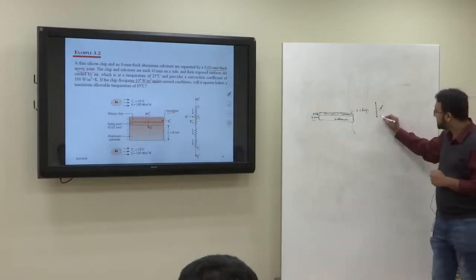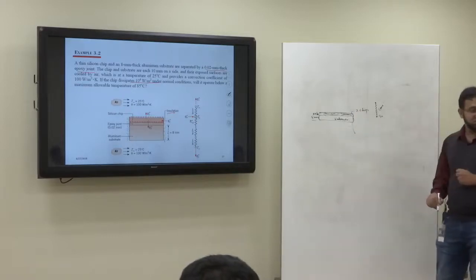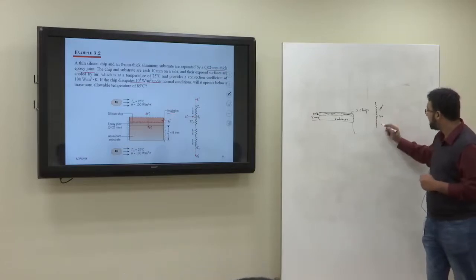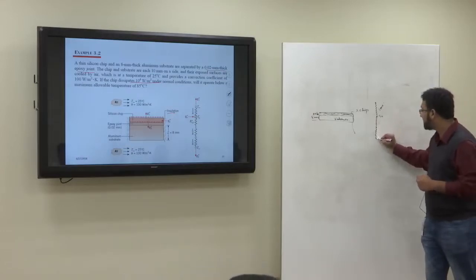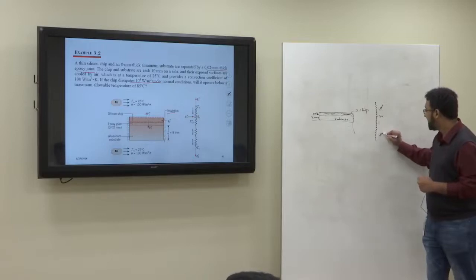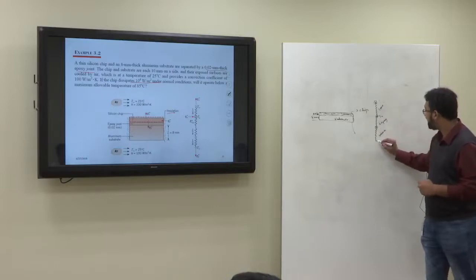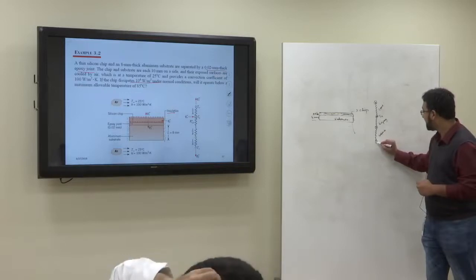So let's call this T_chip. Then we have the epoxy resistance, then we have the substrate, then after that, convection.